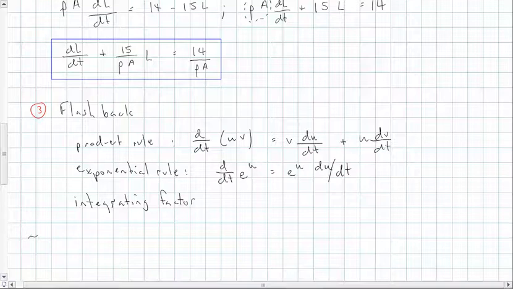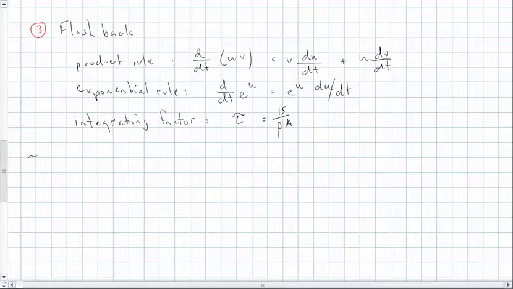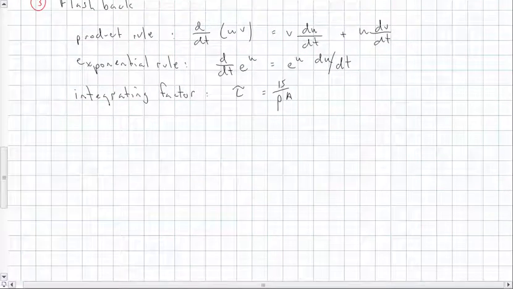And in our case, from above, an integrating factor for this equation is 15 over rho A. We'll call it tau. This integrating factor comes right out of ODEs. If it's not clear, certainly go back and review it.